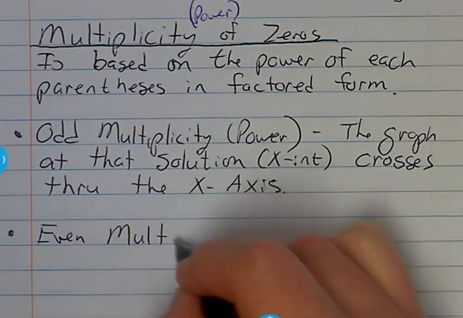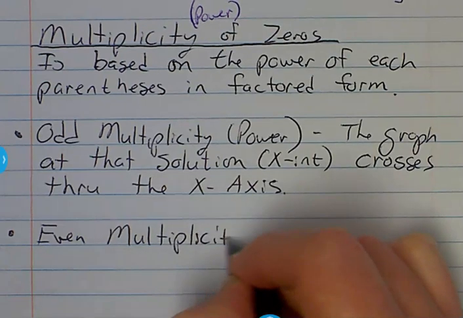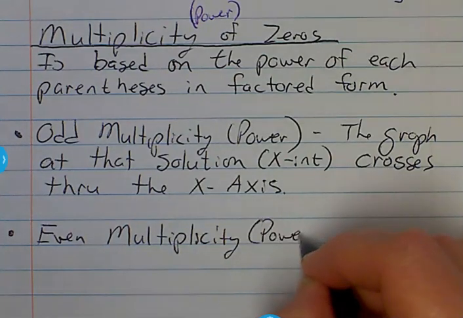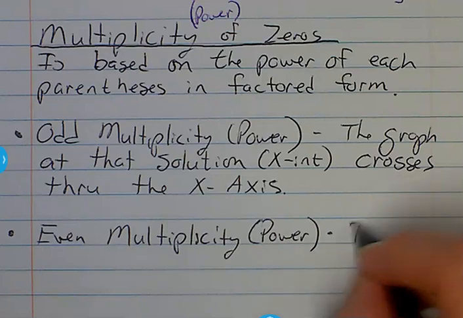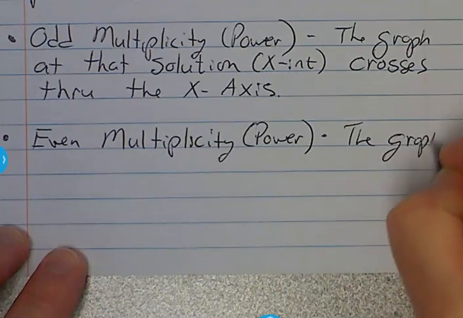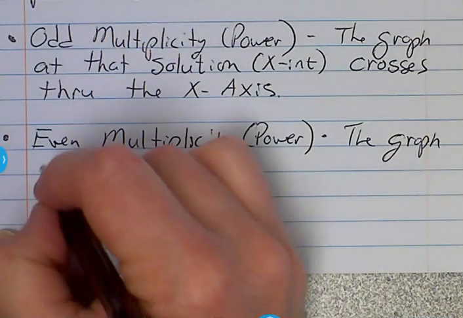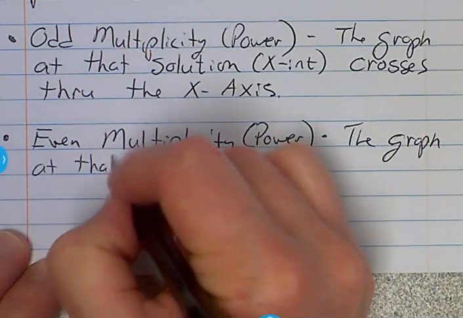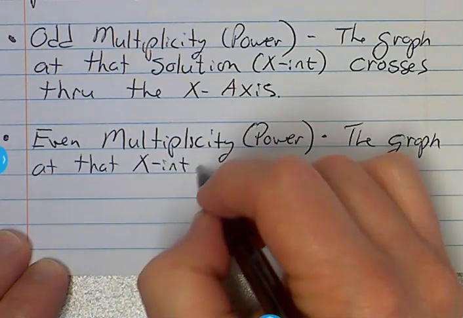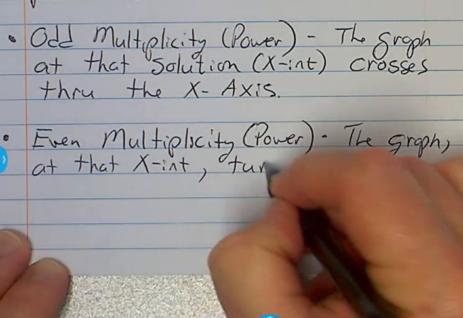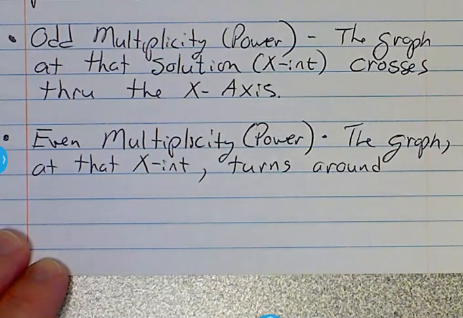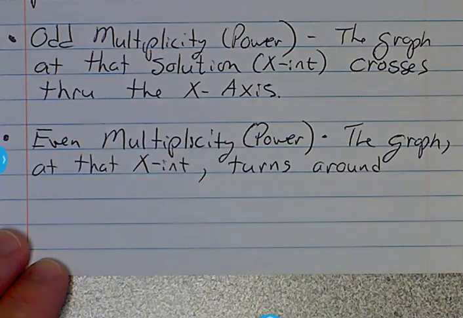Okay. If you have even multiplicity, or again, even power, then the graph turns around. So basically, it's one of two things.